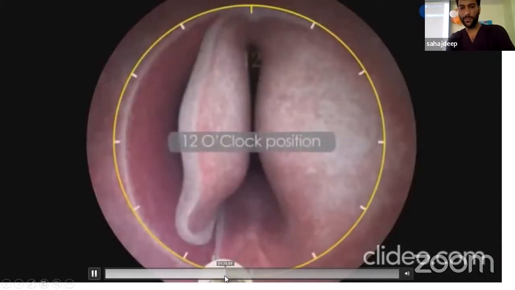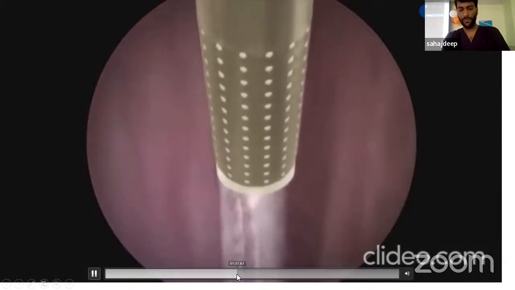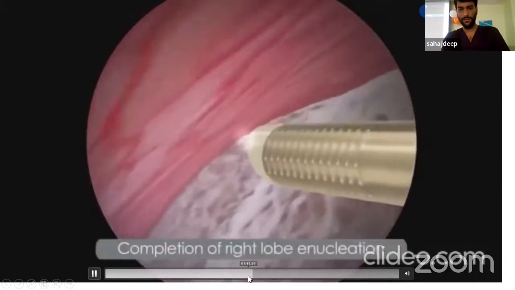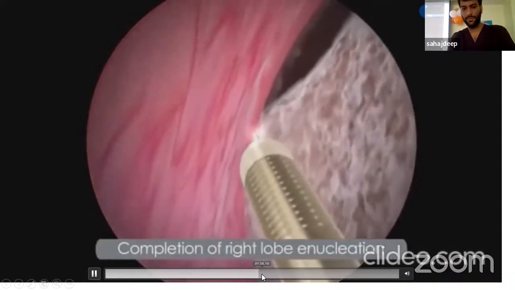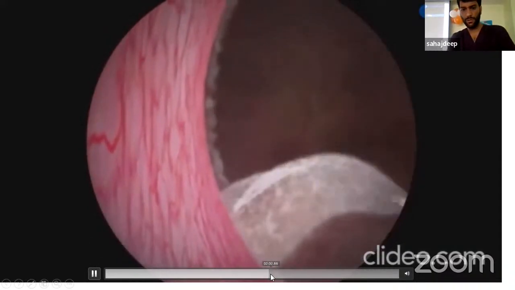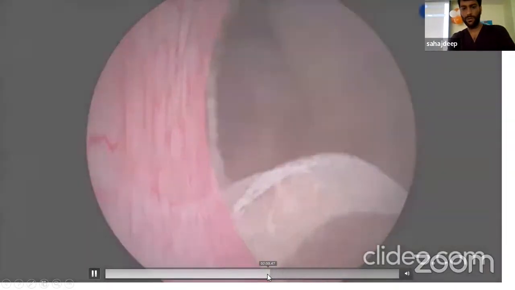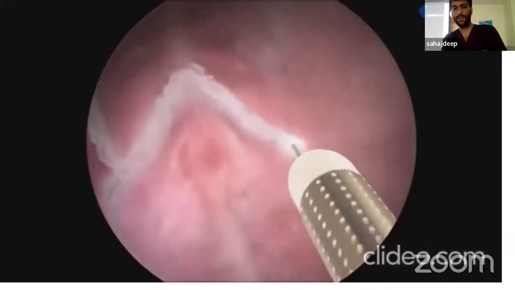The right lobe is enucleated and pushed into the bladder.